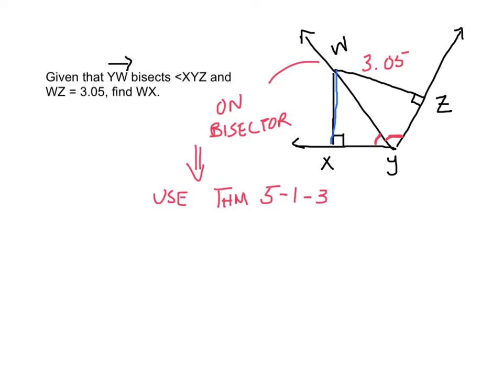Using this theorem, we can see that the length WX is going to be equal to the length WZ. So we see that WX is equal to 3.05. That one wasn't too crazy. Let's look at one more.